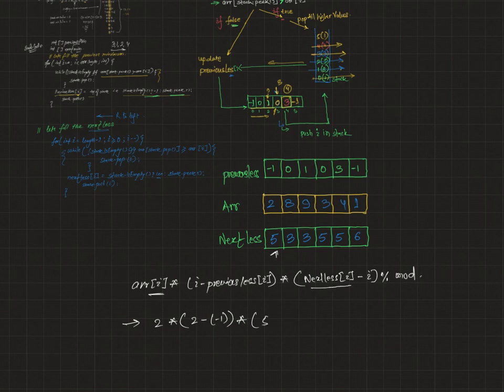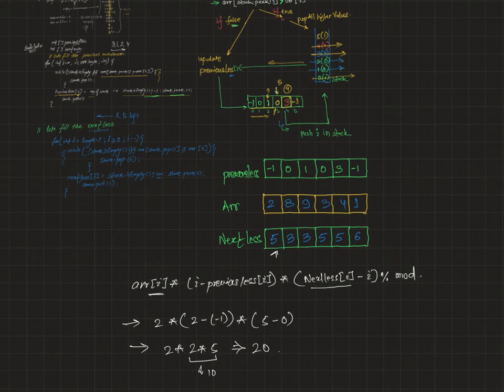So 5 minus i, where i is 0 right now. So this will give 2 multiplied by 2 into 5, equal to 20. So basically this one, this is 10, right?